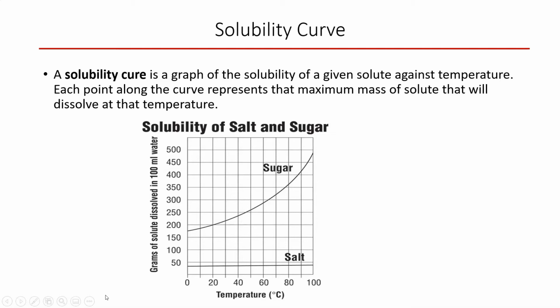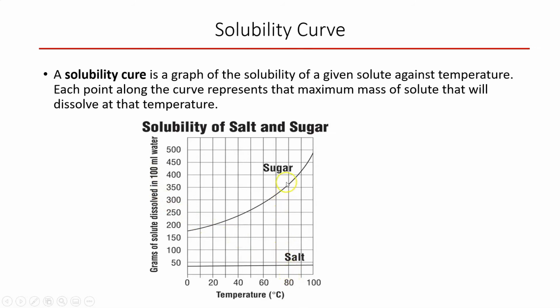If I were to take sugar and determine the maximum mass of sugar that would dissolve at any given temperature of water, I could then plot my results in a curve. For example, at 40 degrees Celsius, I could dissolve about 240 grams of sugar in 100 mL of water.